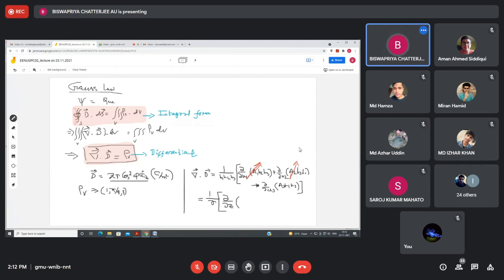So a3 is only this much, z r cos square phi. And h1 is 1 and h2 is r. So del del z of z r cos square phi will be r cos square phi, then r square by r, resulting in r cos square phi.